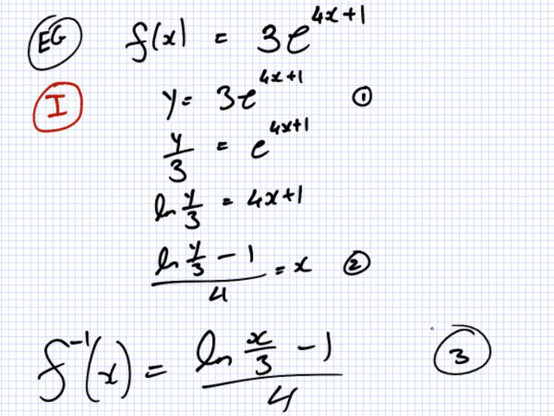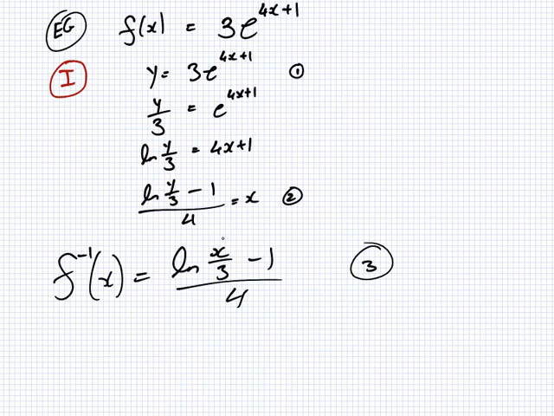Well, there is another way to do this, and maybe the other method will be clearer to you. We'll get to that in a moment. Domain and range is important here. What's the domain of the original?